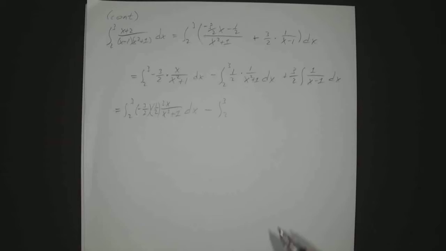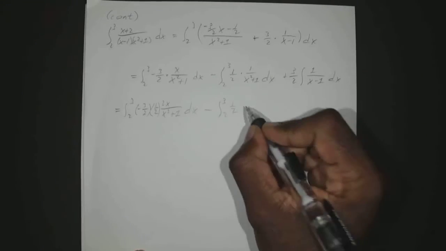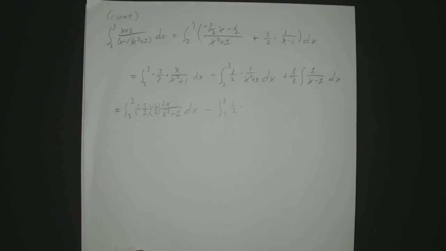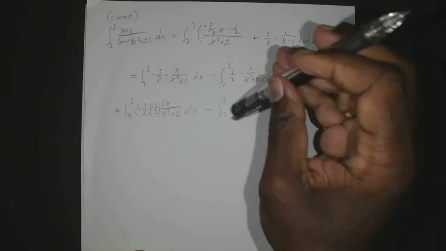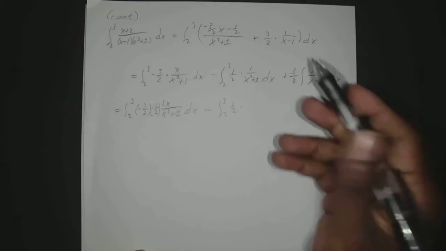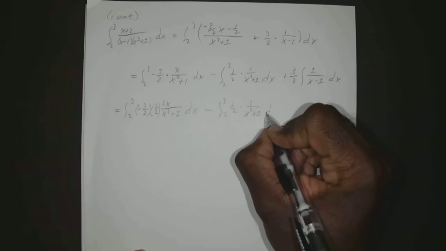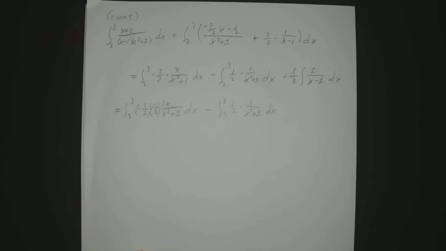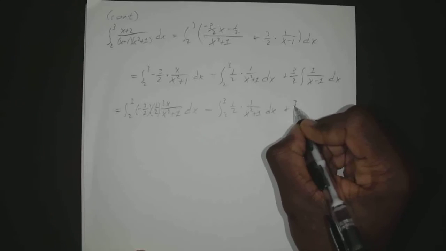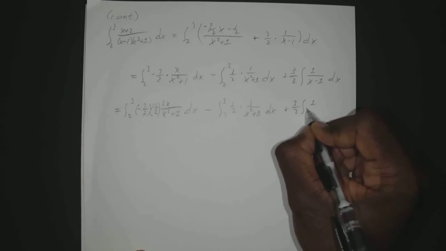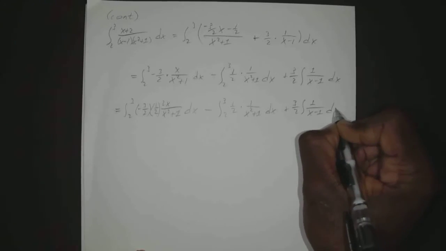All right, so you have minus 1/2, and with this one I'll leave it like that and just solve it. x squared plus 1 actually becomes a tangent inverse. Plus 3 over 2 times the integral of 1 over x minus 1 dx.